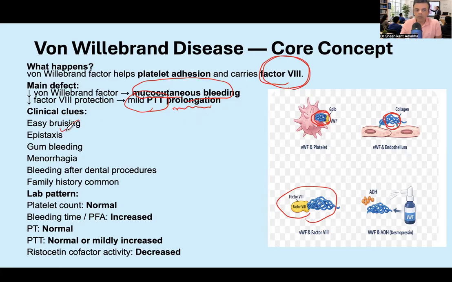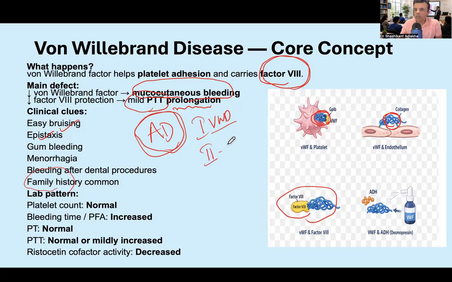Clinical features: easy bruising, epistaxis, gum bleeding, and menorrhagia is a classical feature. Dental procedures may be associated with excessive bleeding. Family history: the inheritance pattern is often asked in exams. Autosomal dominant inheritance is there. The majority of cases are type 1 von Willebrand disease, which is autosomal dominant. Type 2 is the second most common.